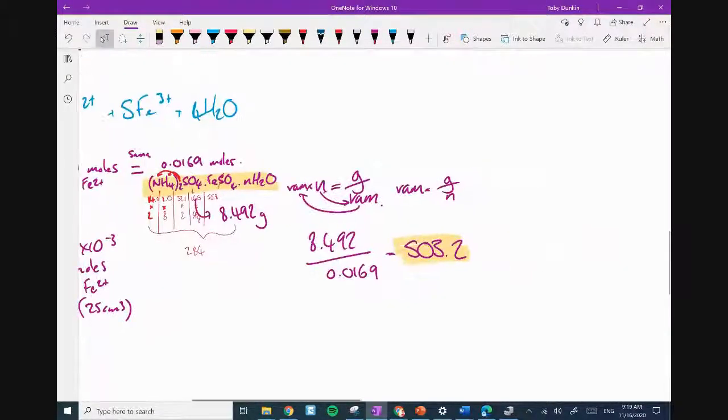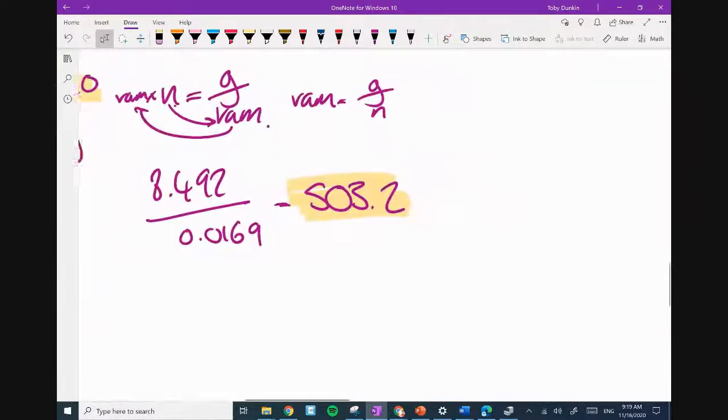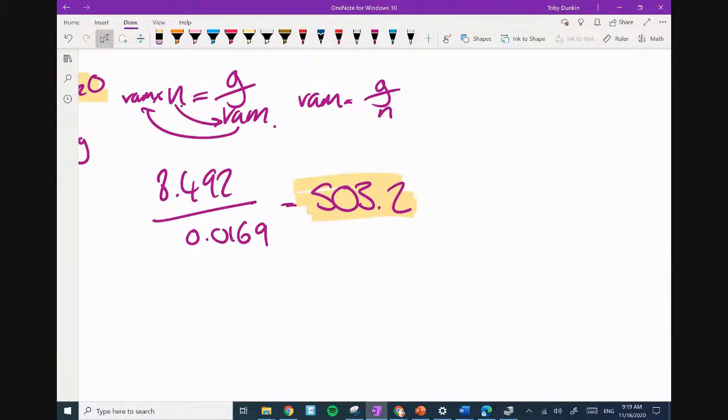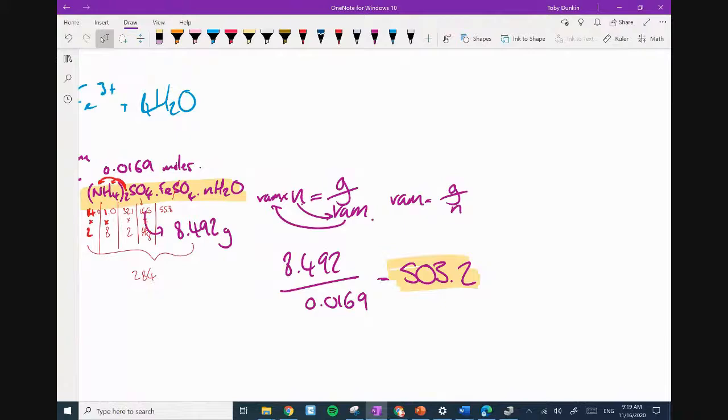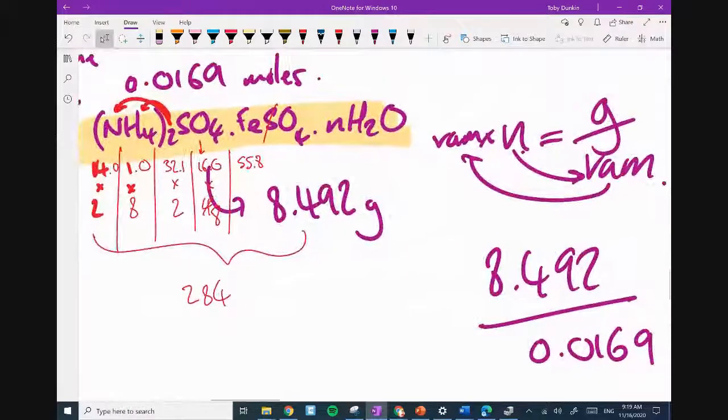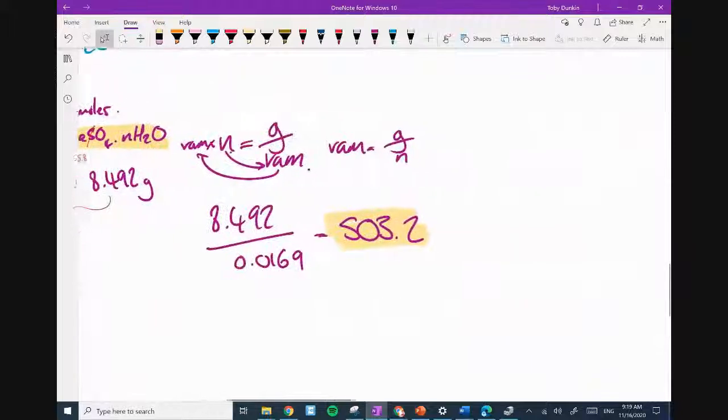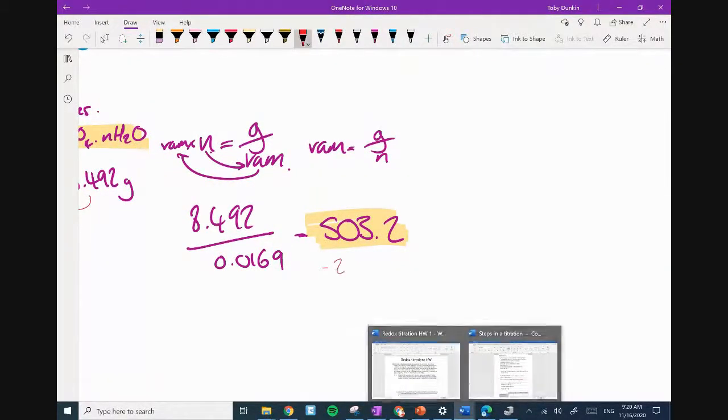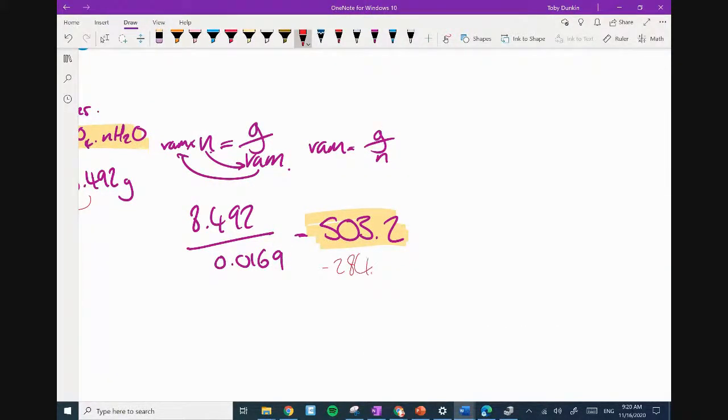Amazingly, it's weird. I feel like that shouldn't have happened. Should have been a 0.1 on the end of that. In fact, a point. Should have been a 0.2. That's weird. What have I gone and done there? Oh, the iron cancels out the 0.2. So minus 284. And what do I get? So 503.2 minus 284.